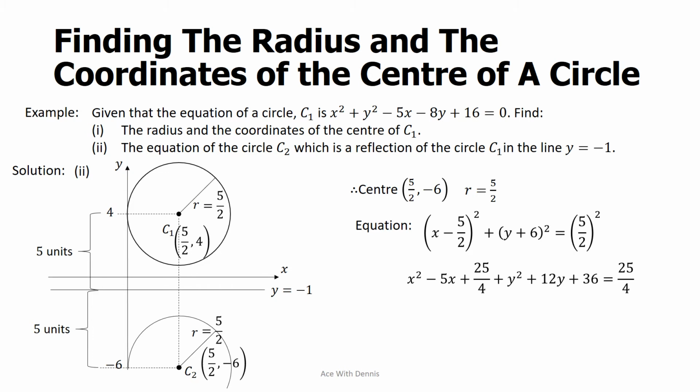We can expand the equation: x² - 5x + 25/4 + y² + 12y + 36 = 25/4. So 25/4 cancels with 25/4. The equation becomes x² + y² - 5x + 12y + 36 = 0. So this is the equation of the circle C2.